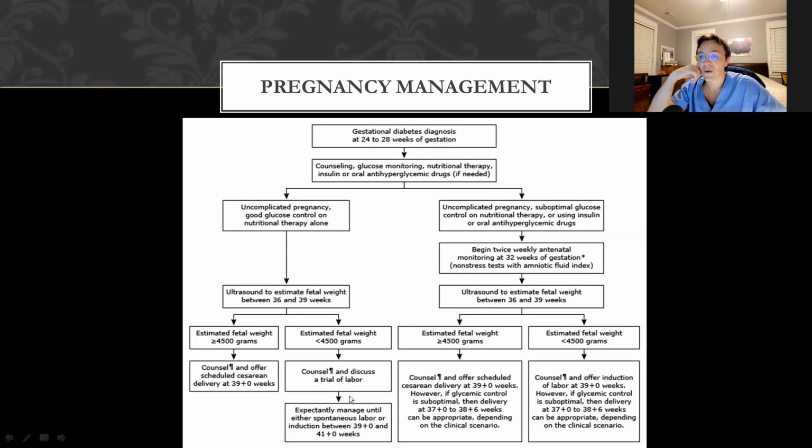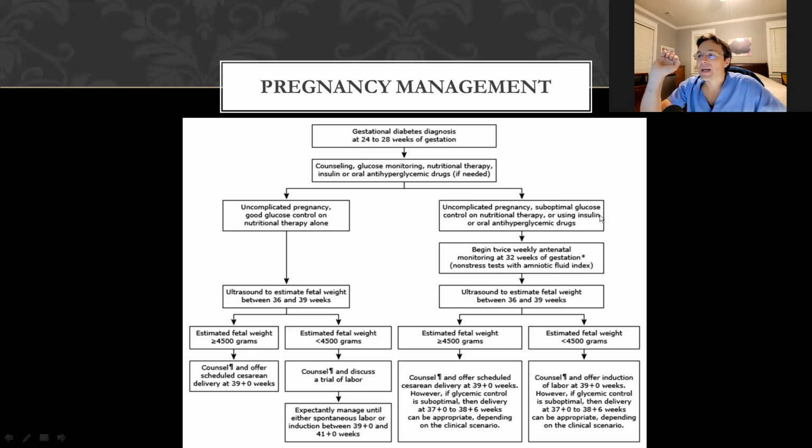That would be the course of action. If the baby is larger than 4.5 kilos, then, depending on the circumstances, size of the pelvis and other things, you will suggest cesarean delivery at 39 weeks.